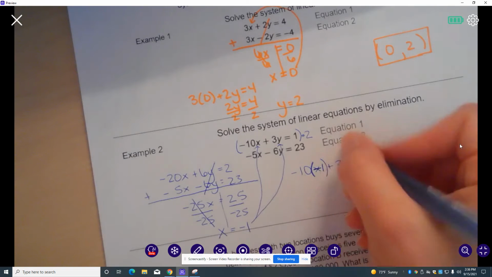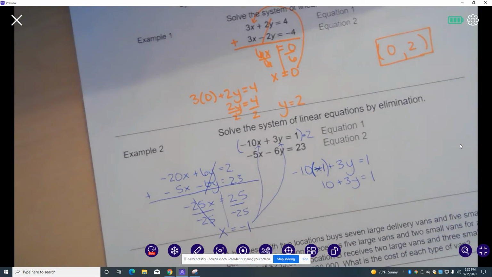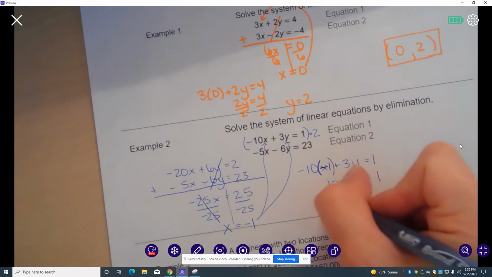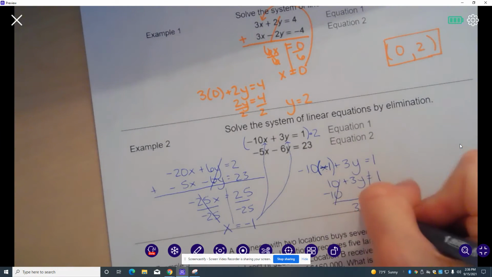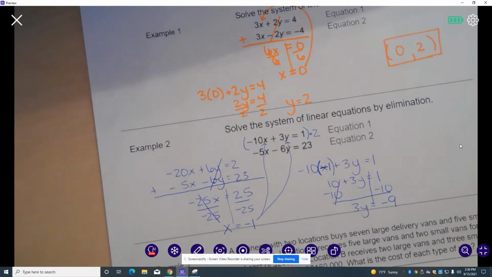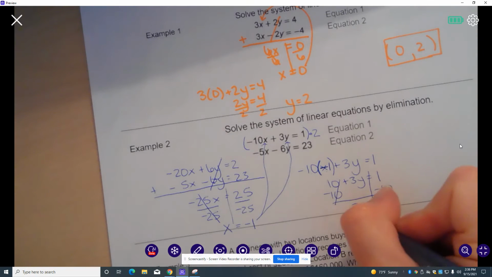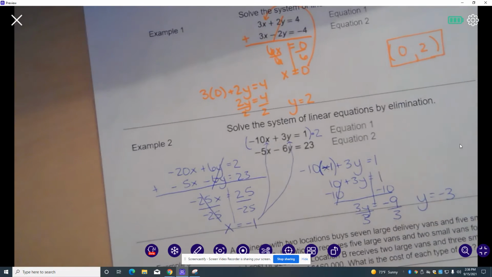Negative 10 times negative 1 is positive 10. I'm going to subtract 10 on both sides. I'm going to divide both sides by 3. Get y equals negative 3.